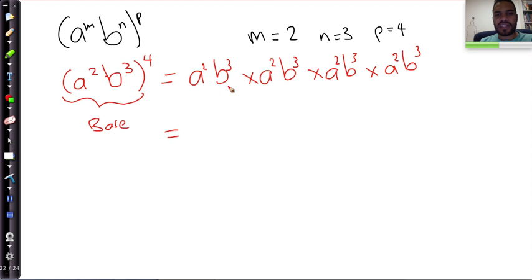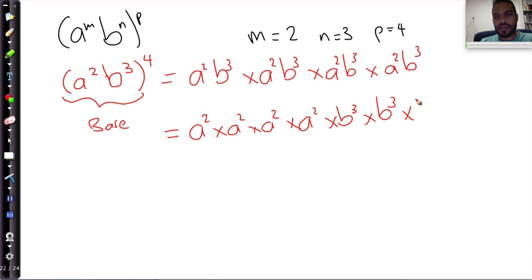Now in this particular case, you've got 1, 2, 3, 4. Let's rearrange that. That is really going to be a squared times a squared times a squared times a squared, 1, 2, 3, 4, multiplied by b cubed multiplied by b cubed multiplied by b cubed and multiplied by b cubed.